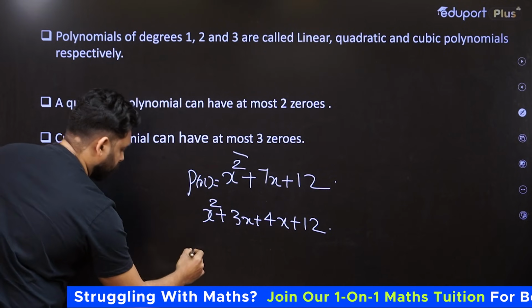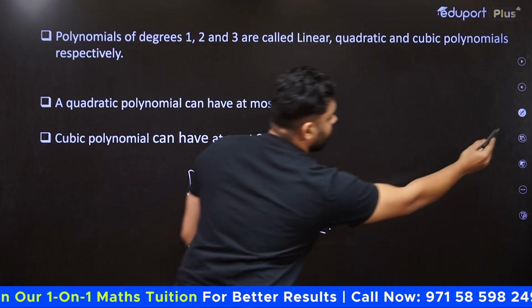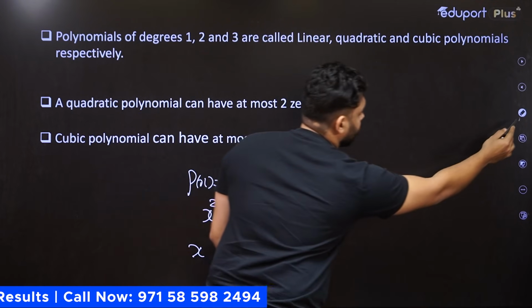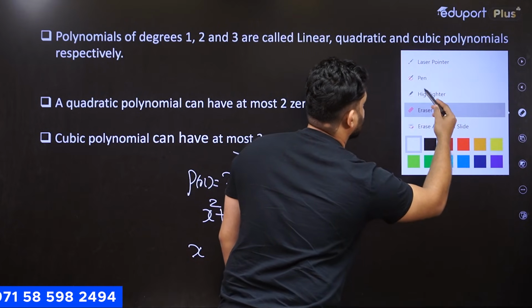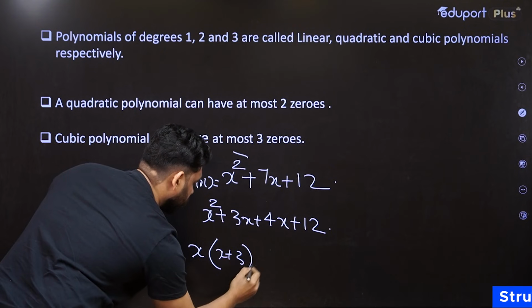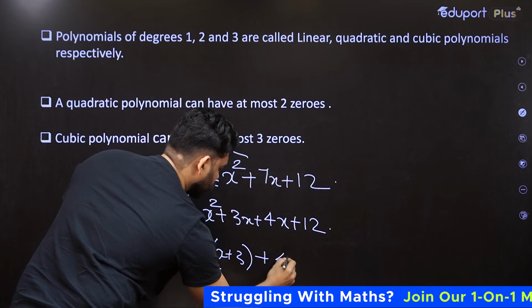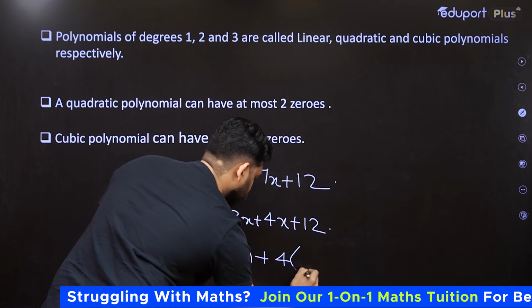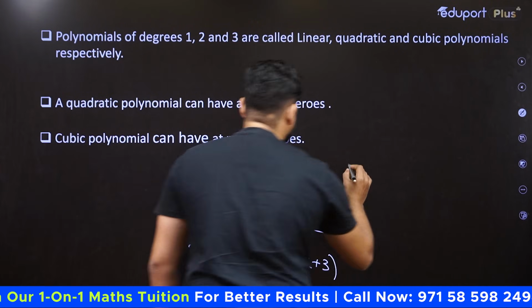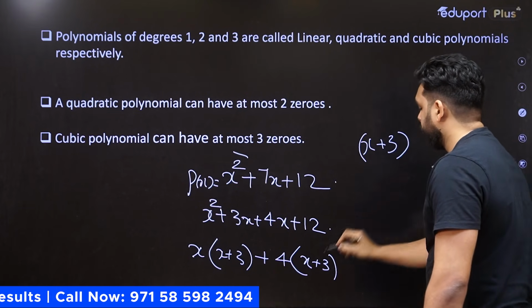Take the common terms outside, that is x into x plus 3, plus here 4 is common, so 4 into x plus 3, which is equal to x plus 3 is common.